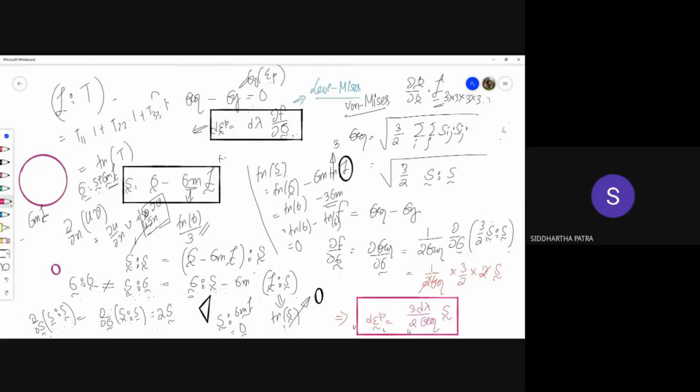Okay, so this result is also important. This is the Prandtl-Reuss equation. I may be making some mistake with the spellings. It basically claims that the plastic strain increment is proportional to the deviatoric stress.